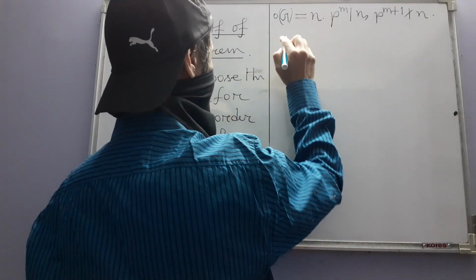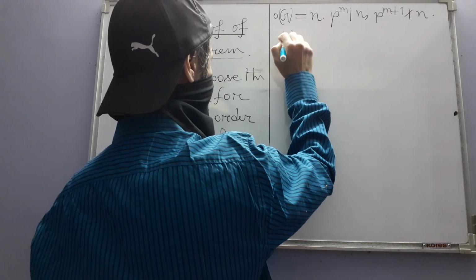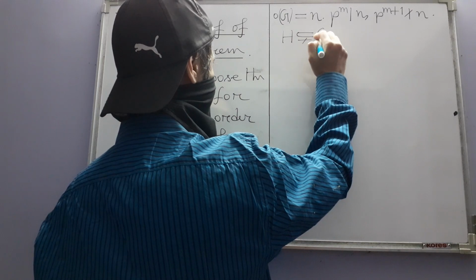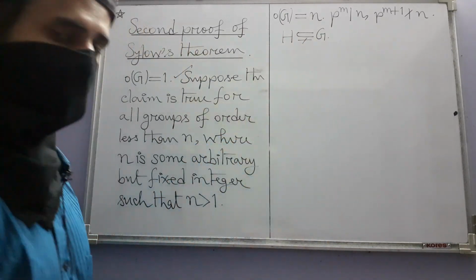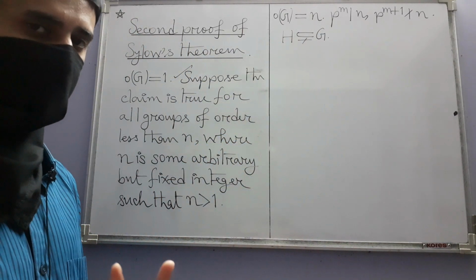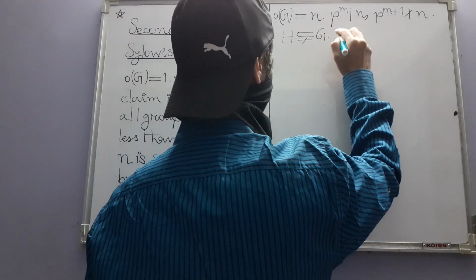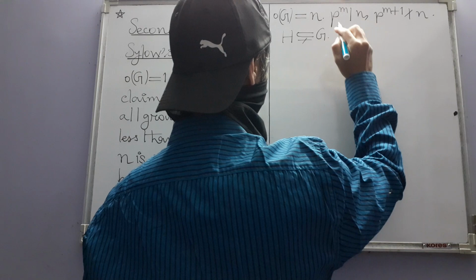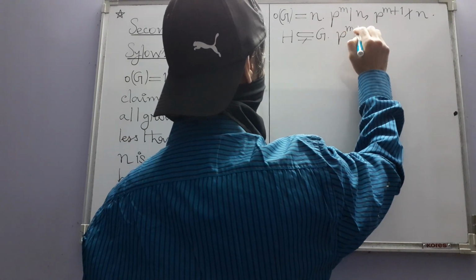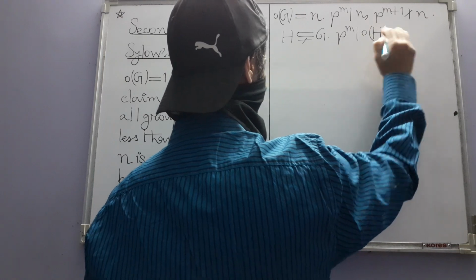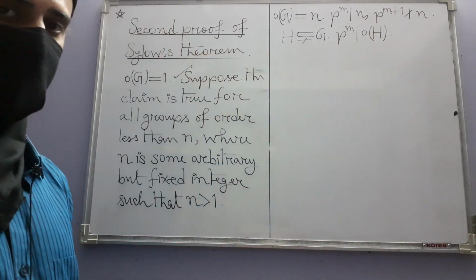Suppose you come across a subgroup H of G, which is actually a proper subgroup of G, such that this entire full power of P, P to the power M, divides the order of H. Then what happens?